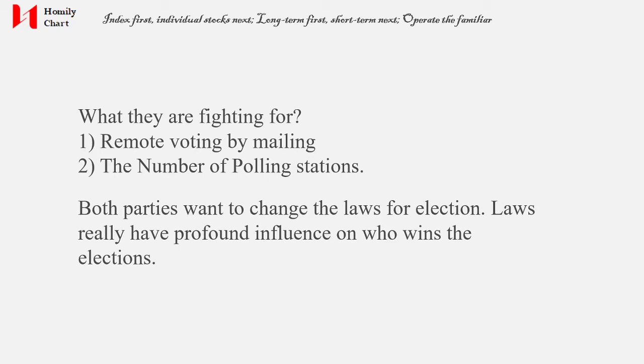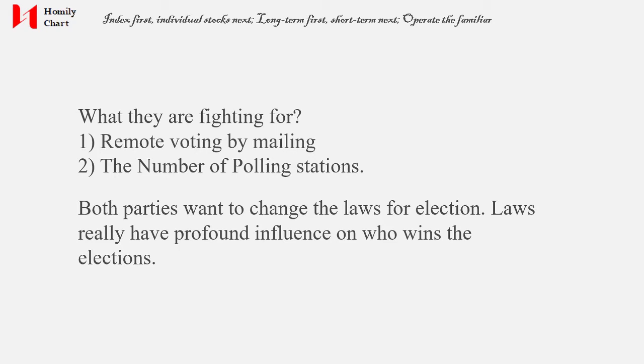Of course, winning this round of election is very important. But what's more important is that they can win more elections in the future. So this is why there are so many struggles or fights between the two parties within the law system.